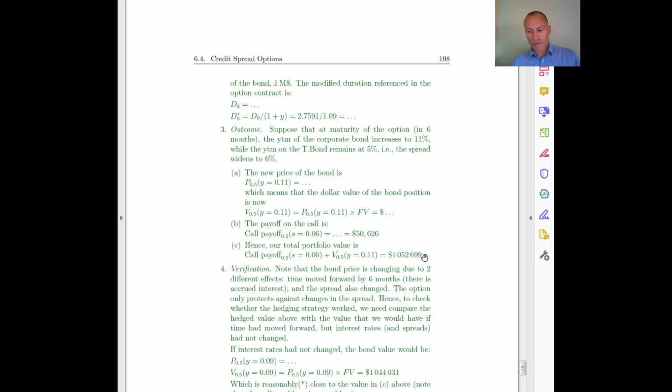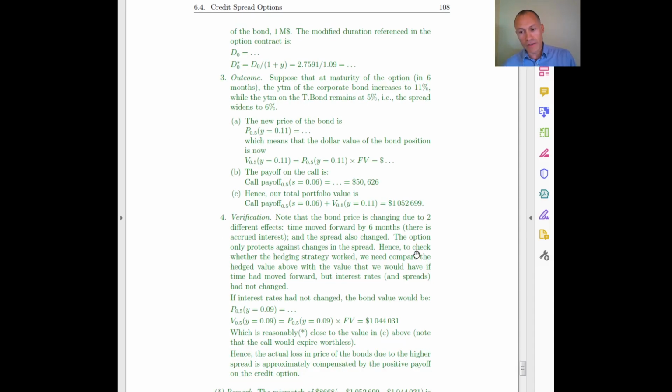So how do I know if this worked or not, right? Is this really hedging or not? So notice that to understand whether this is working or not, I have to decompose the two things that are happening here. There are two things happening at the same time. First, time is moving forward. We started at time 0, but now we're at time 0.5.